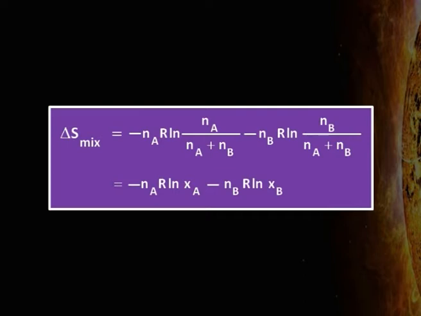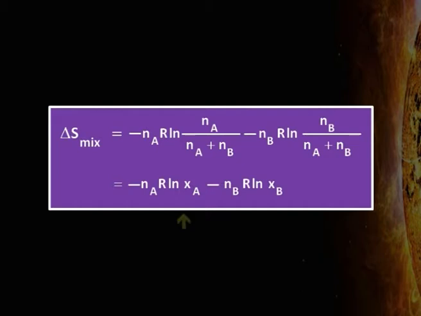This we can obtain because natural log of 1 upon x will be equal to minus natural log of x. In this equation, Xa is the mole fraction of gas A and Xb is the mole fraction of gas B.